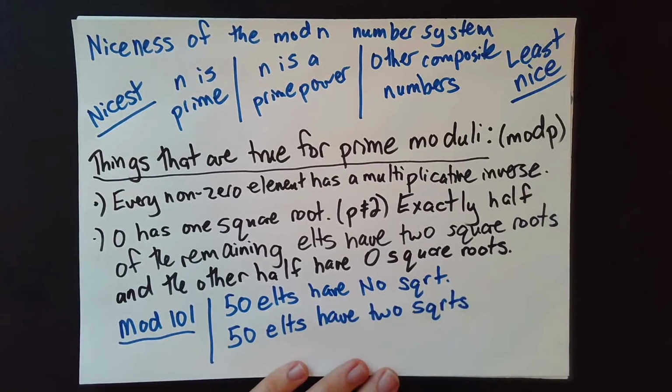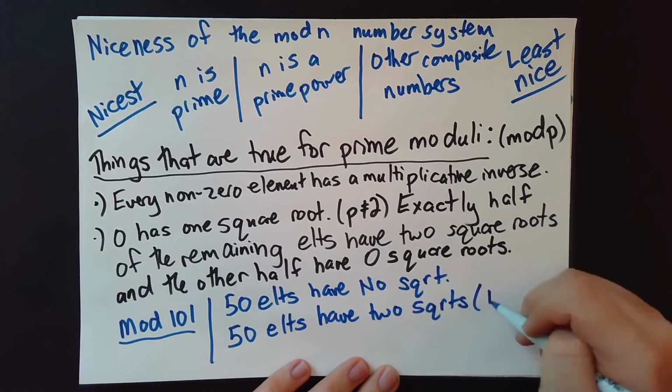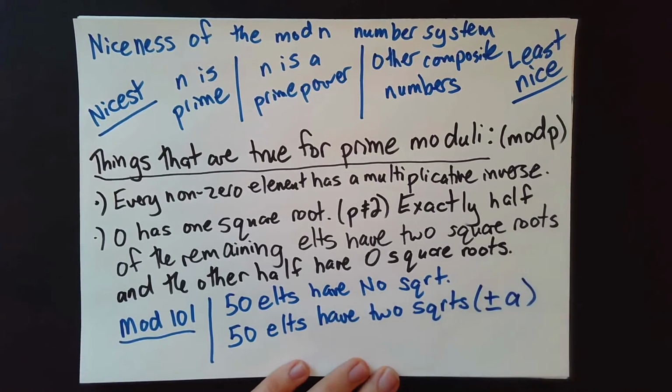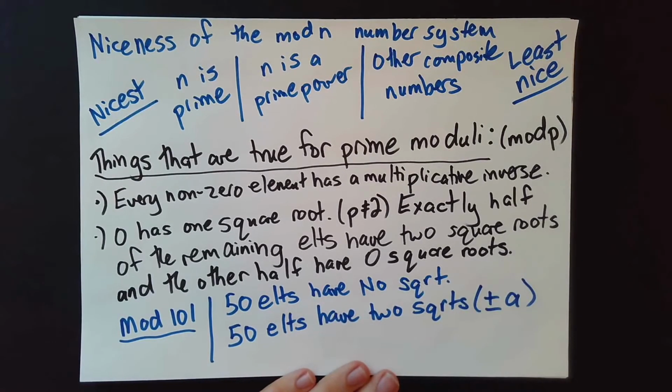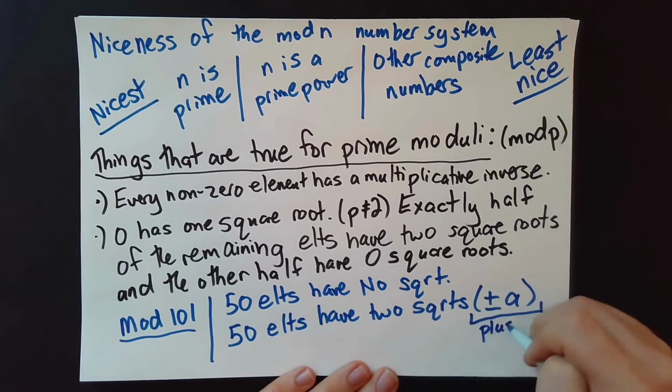And your 2 square roots will always come in a pair of plus or minus something. So if you look at the square root of 9 mod 101, one of the square roots is 3, and the other is 98. It always happens in these plus-minus pairs.